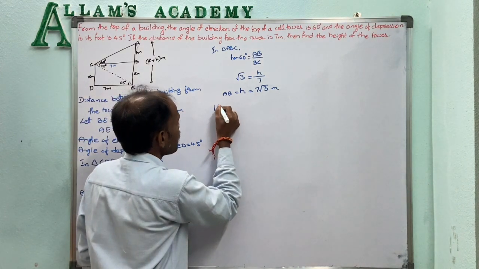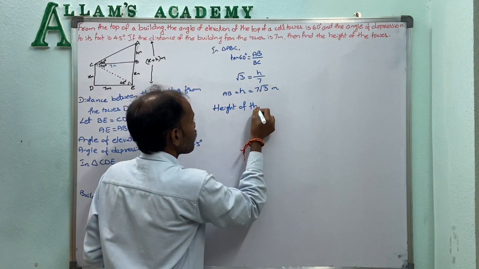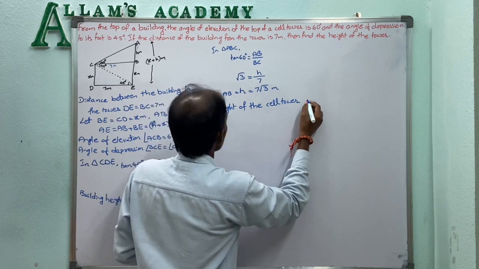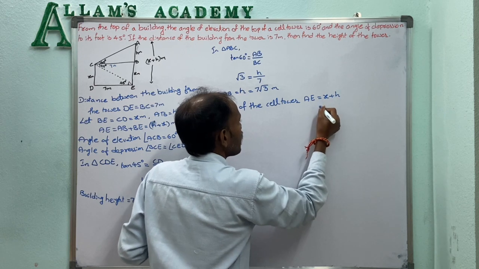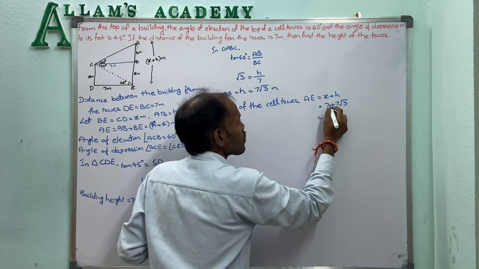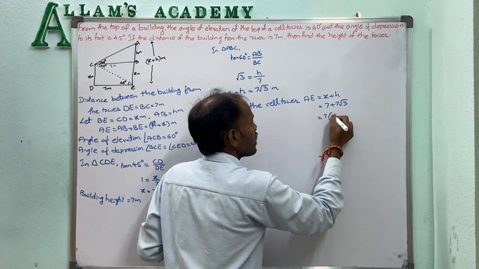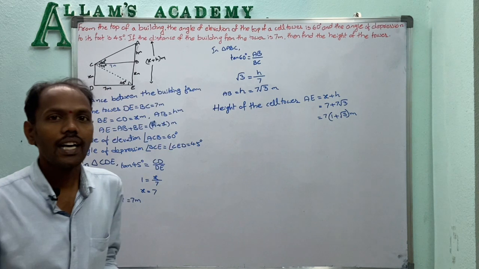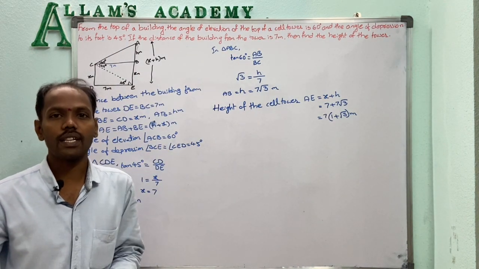So AE equals x plus h, which is 7 plus 7 root 3. In this, 7 is the common number. Taking 7 common, we get 1 plus root 3 meters. So the height of the cell tower is 7 into root 3 plus 1 meters.